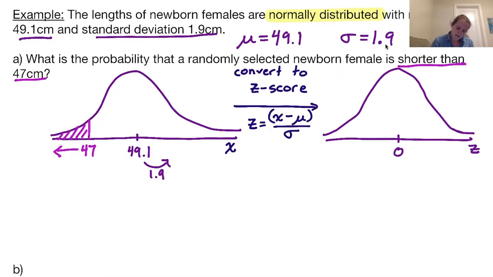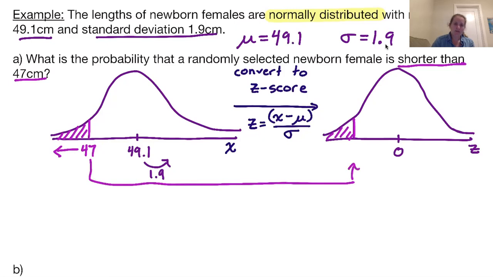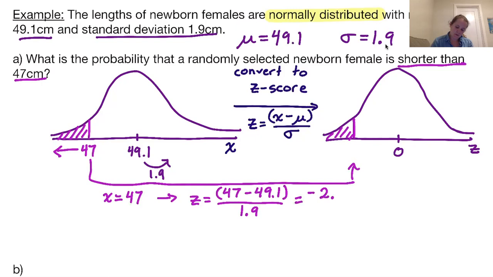And it's our job now to figure out what z-score corresponds to 47. So here we have x equals 47. That gives us z is equal to 47 minus 49.1 divided by 1.9. This becomes negative 2.1 divided by 1.9.